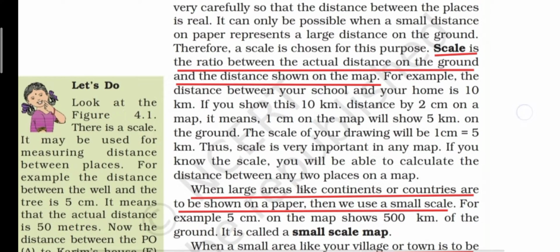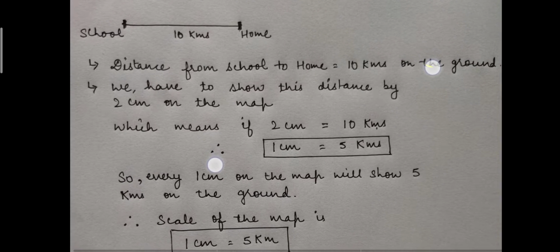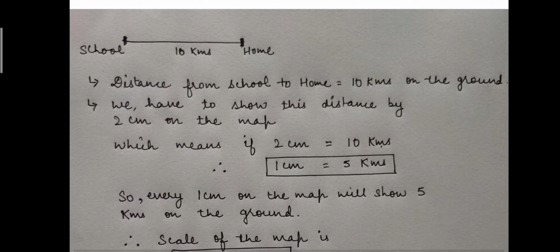Now, I will show you. Here, you can see I have made a small diagram wherein I have written school and home, and the distance between school and home is 10 kilometers. This 10-kilometer distance is on the ground. It is in real.